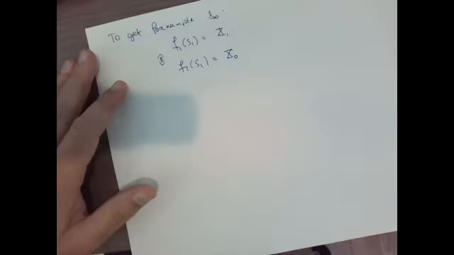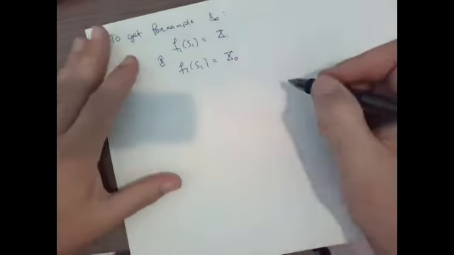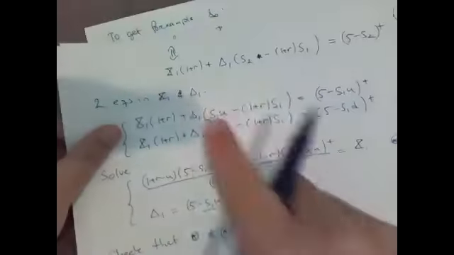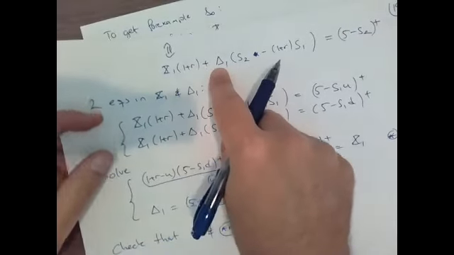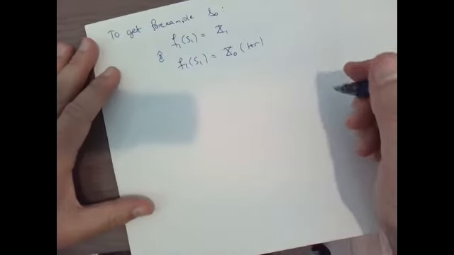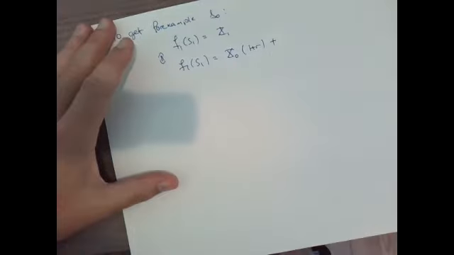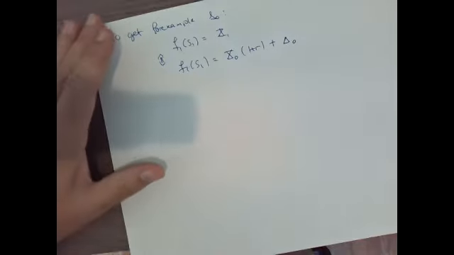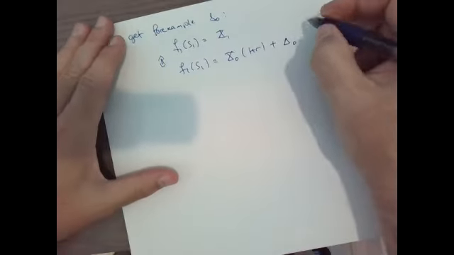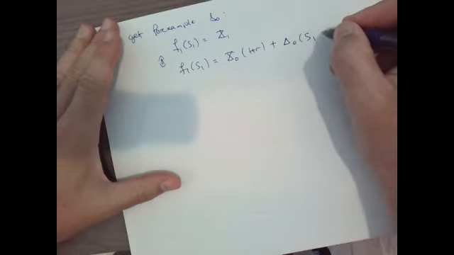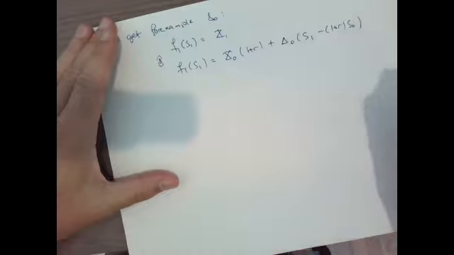This is equal to X_0 times, what was it, 1 plus r, plus delta 0 times what is S_1 minus 1 plus r S_0.